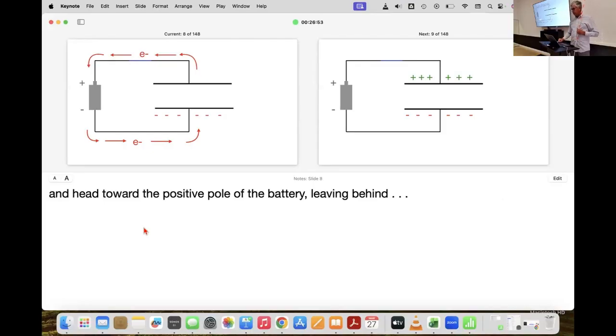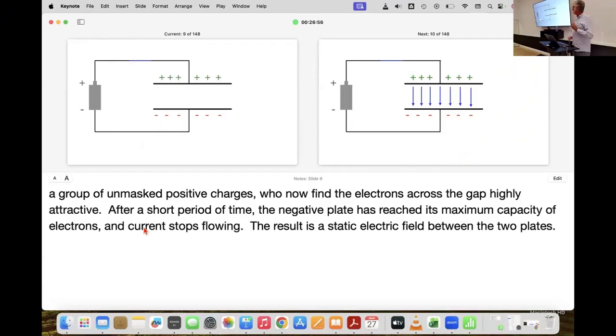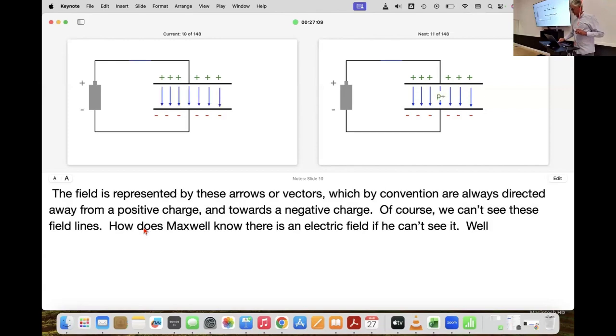But then what happens? Those electrons leave behind some positive charges. These positive charges have been unmasked, so to speak. And as a result, it creates an electric field. And here I've drawn some lines to indicate the electric field. By convention, the vectors always point from positive to negative.